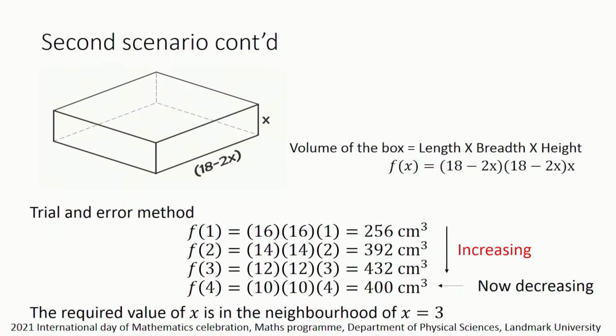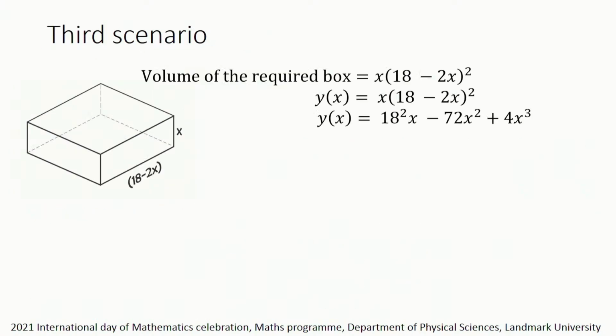We have so many numbers, so I've not been able to try all the possible numbers. But I know there's something in that neighborhood of 3 telling me that the maximum volume is in that neighborhood. I take it that's the best mathematics I can do using this approach. But no problem, we move ahead.